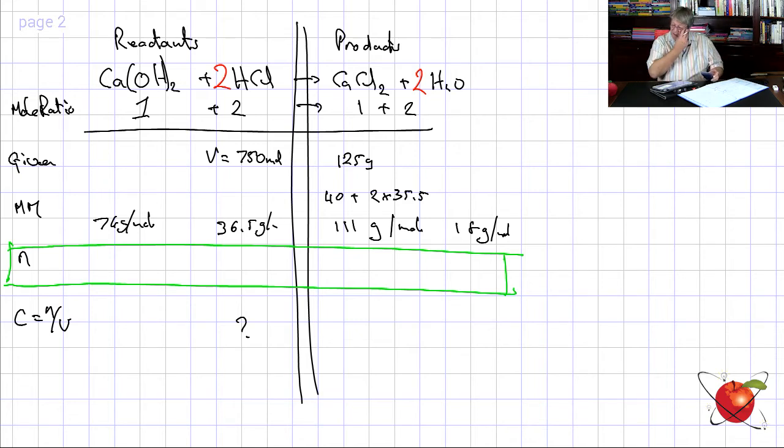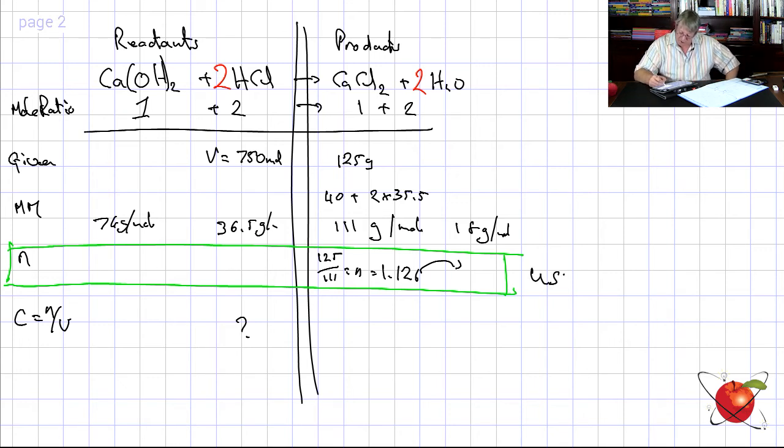Number of moles is mass over molecular mass. So it's 125 over 111 is equal to N, which is equal to 1.126, okay? 1.126, all right?